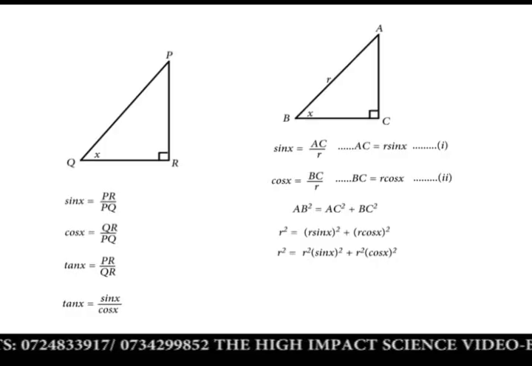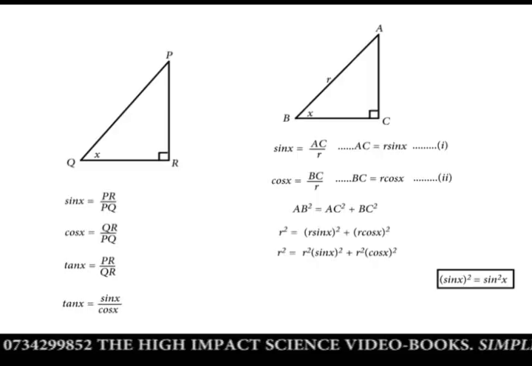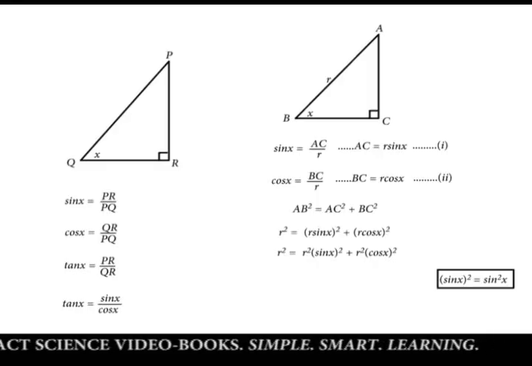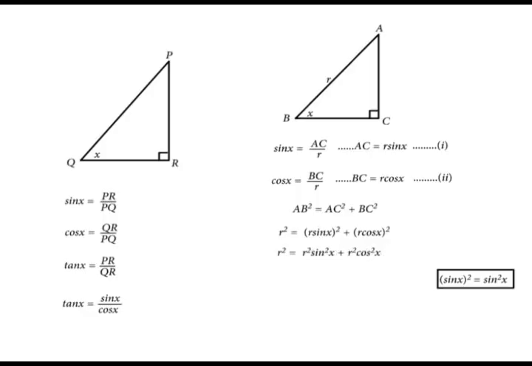Sin X squared is the same as sin squared X, and therefore we shall have R squared is equal to R squared sin squared X plus R squared cos squared X. If we divide both sides by R squared, we shall get 1 is equal to sin squared X plus cos squared X, and we call that equation 3.